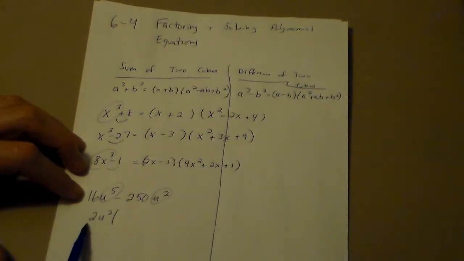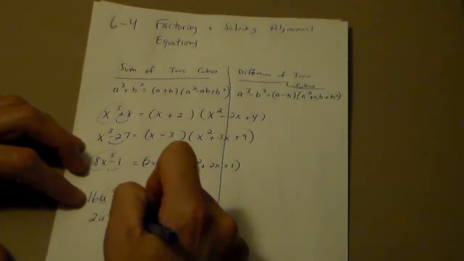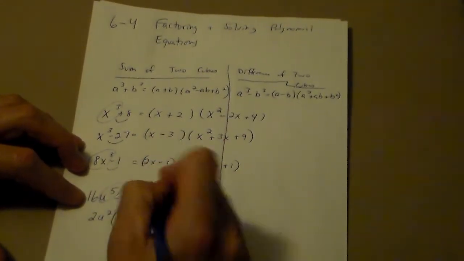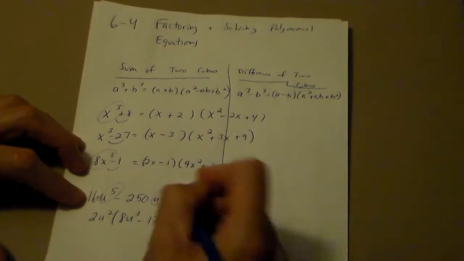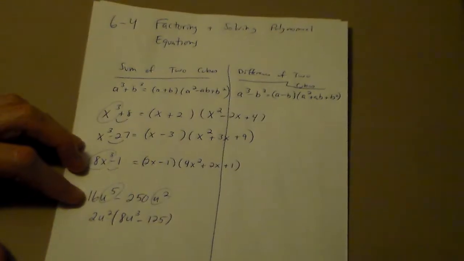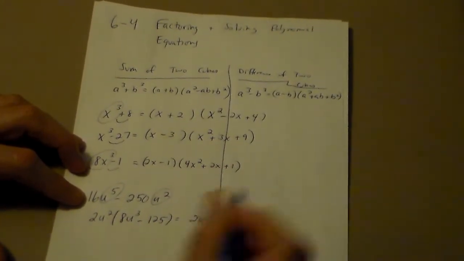So 16 divided by 2 is 8, u to the fifth divided by u squared is u cubed, minus 250 divided by 2 is 125, and the 2u squared stays.